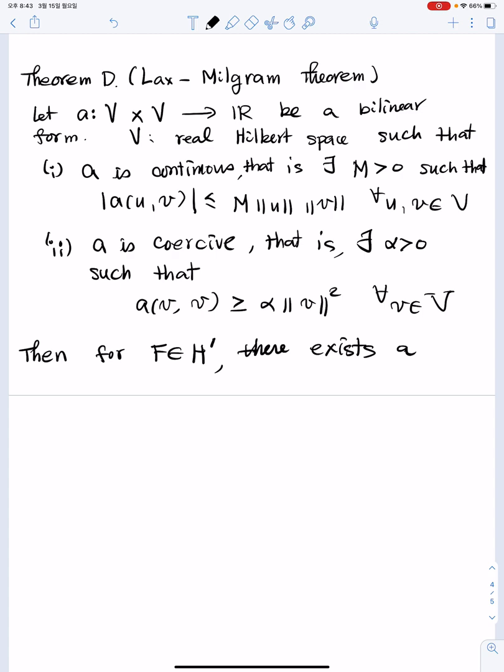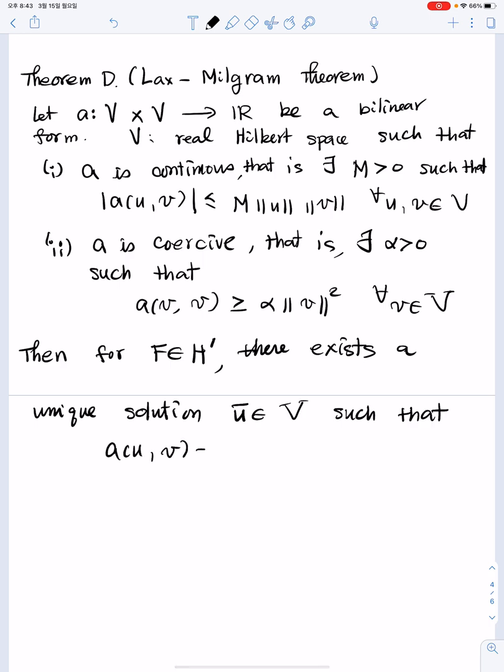So there exists a unique solution U bar in V such that A(U,v) equals F(v) for every v in V. It also satisfies that the norm of U bar is less than or equal to 1 over alpha times the norm of F, where F is in V prime, the dual space.